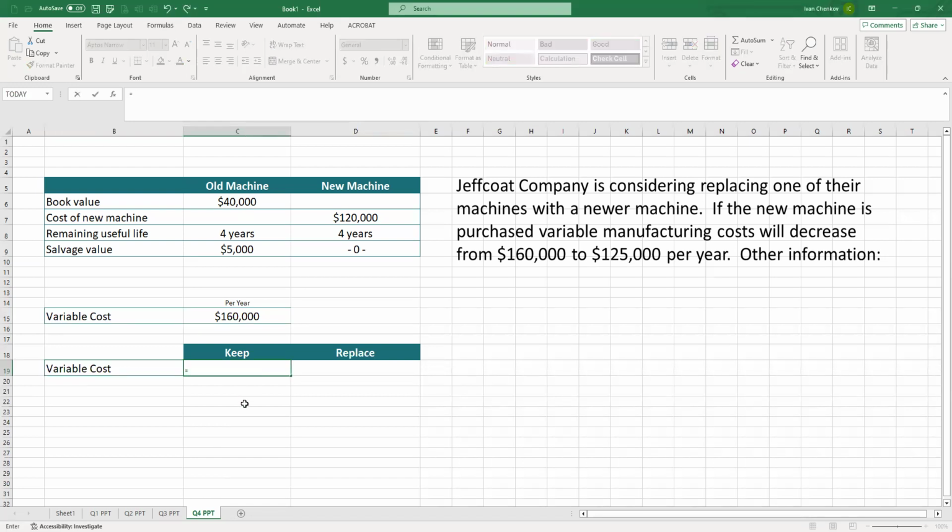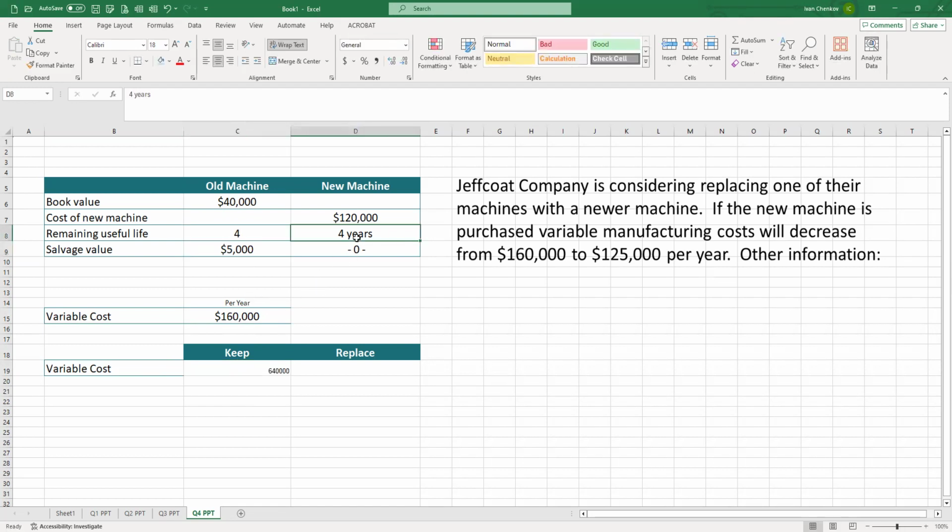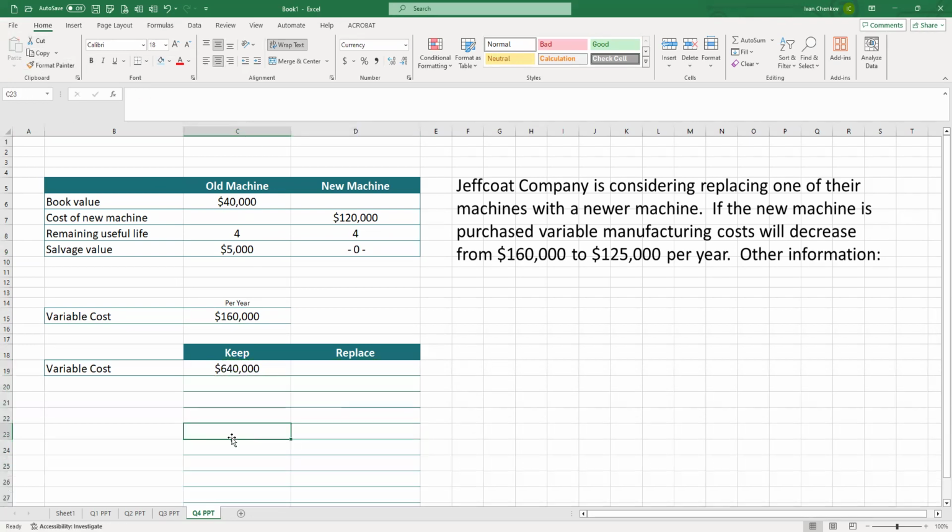Yes. How many years? For 4 years, right? Yes. Let's change this formatting. 160, 640,000, correct? If I replace it, how much will be the cost?